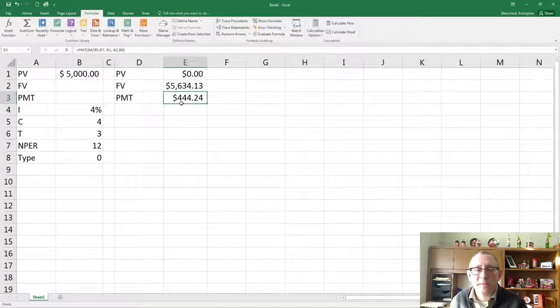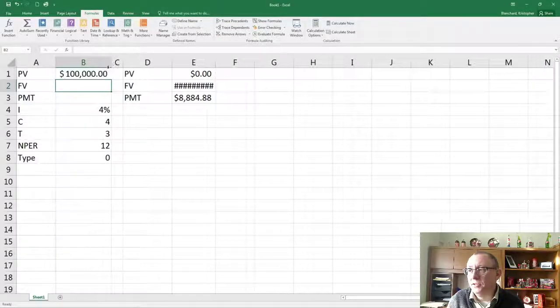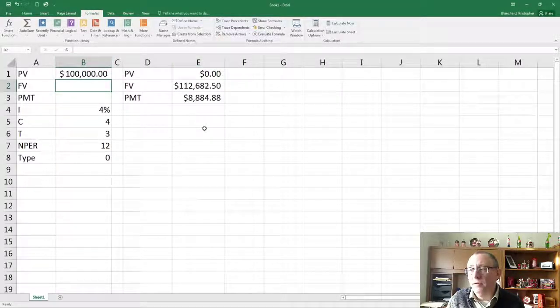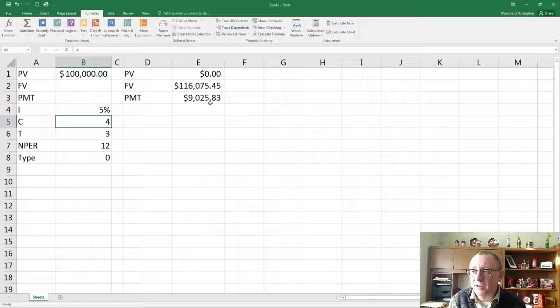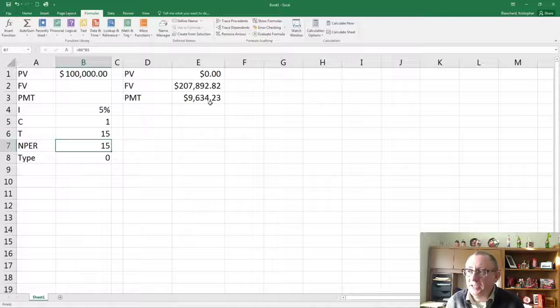Basically, the way I think about this one, the way this would read is if I save, say, $100,000. Let's do 2 more. There we go. $100,000. If I have this much in my retirement account when I retire, and I know that during retirement I can earn 5%, I'm going to change my compounding to 1 because I'm only going to take 1 payment per year, and I want to be retired for 15 years.